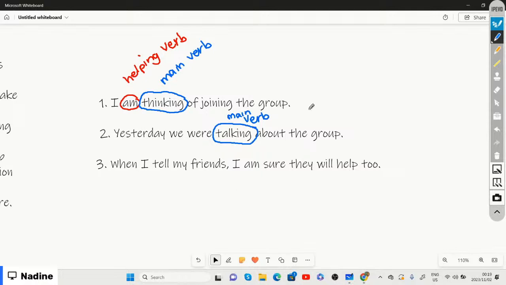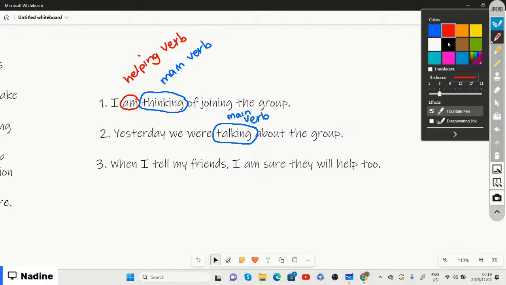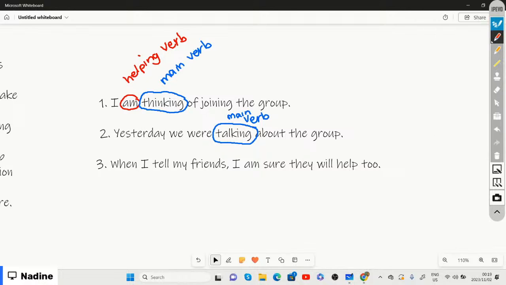And if we identify the helping verb that helps the main verb to show action, then what will be the helping verb? Yesterday, we were talking about this group. So the helping verb.